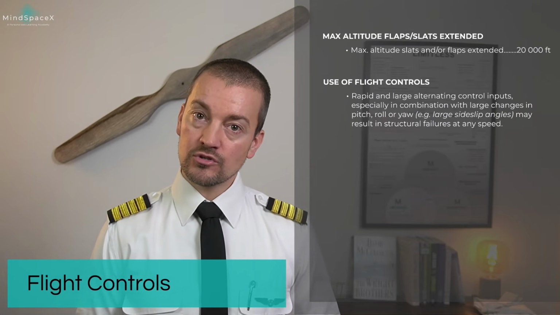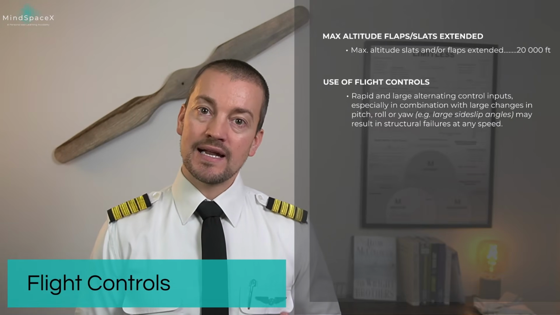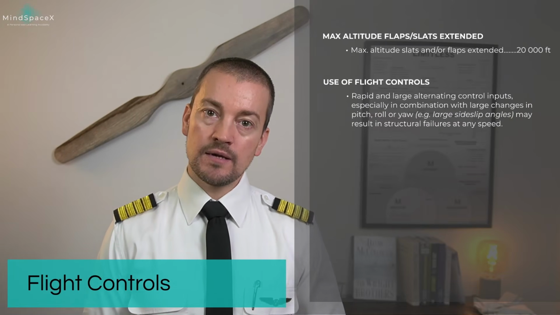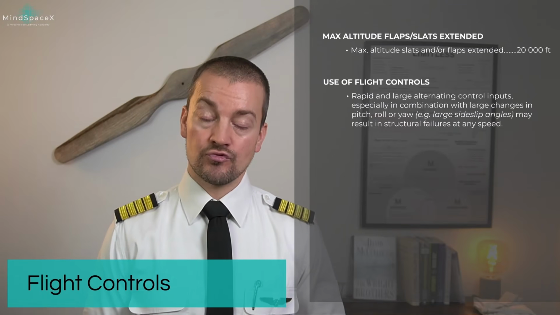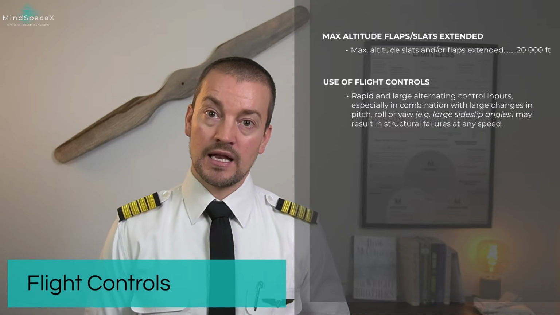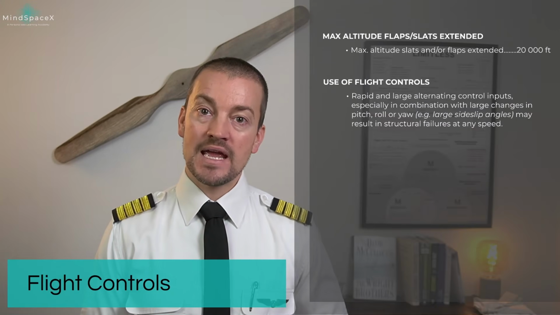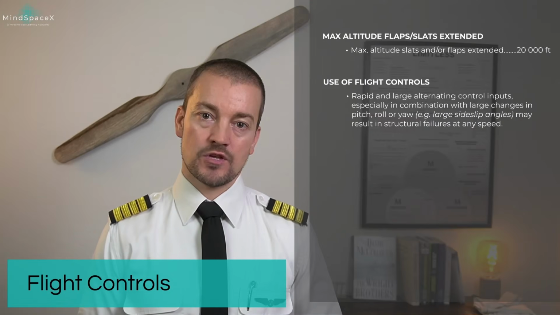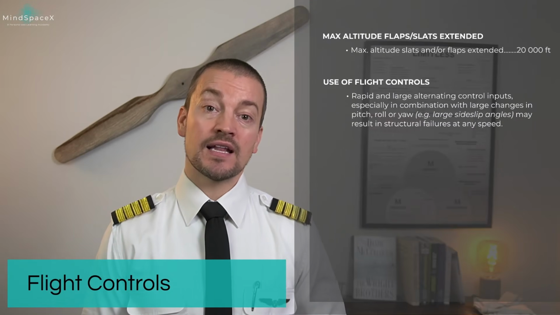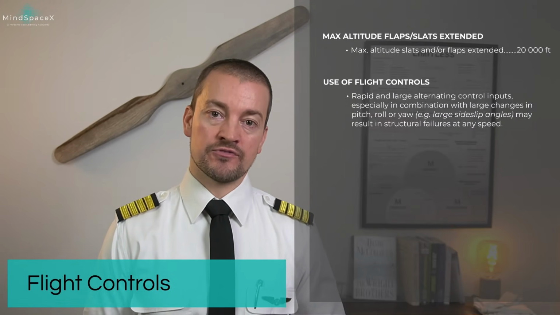And then use of flight controls: rapid and large alternating control inputs, especially in combination with large changes in pitch, roll, and yaw, large sideslip, etc., may result in structural failure at any speed. So do not attempt to fly this aircraft like a fighter aircraft. It isn't built for it.